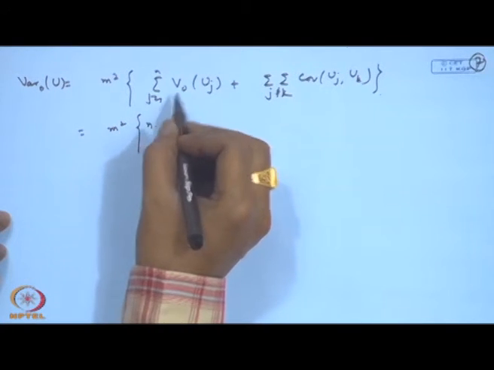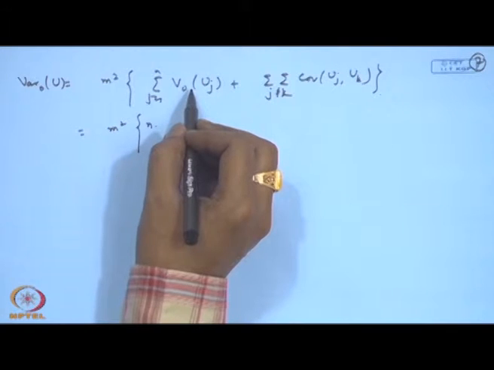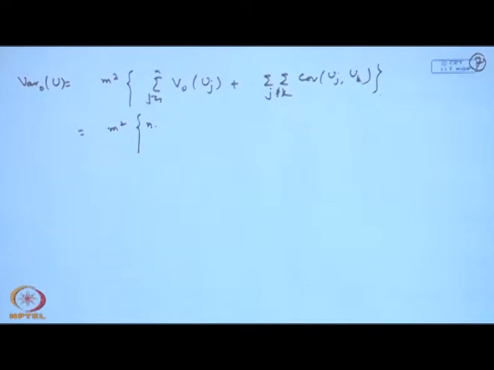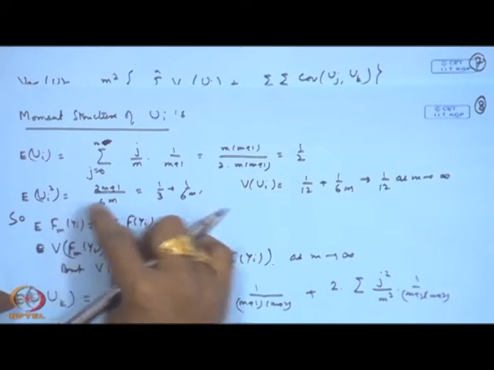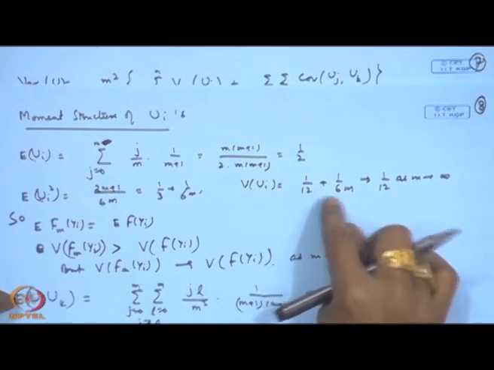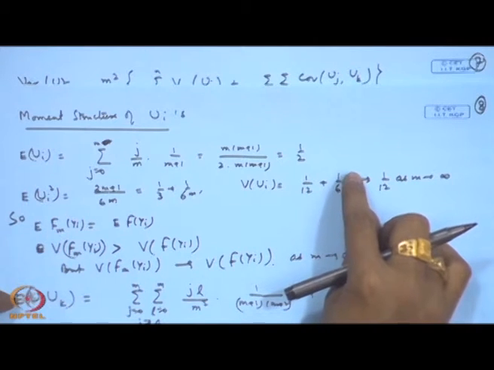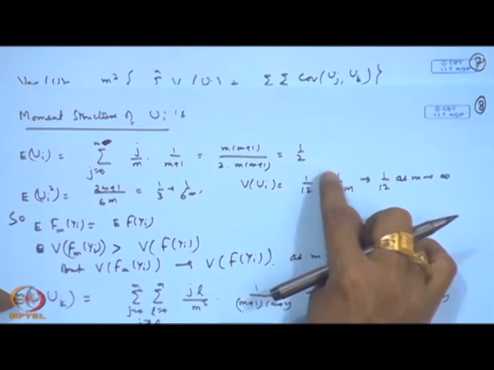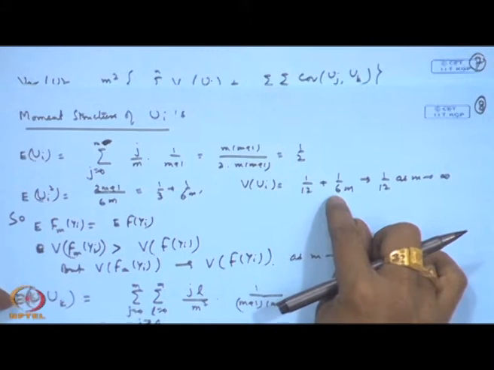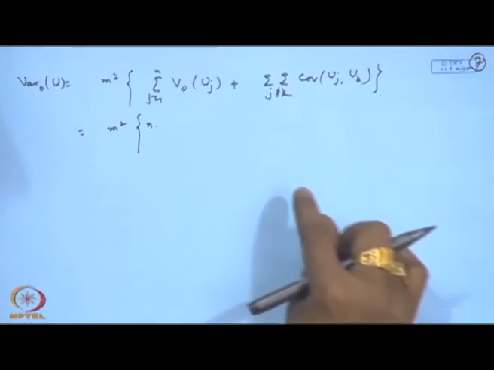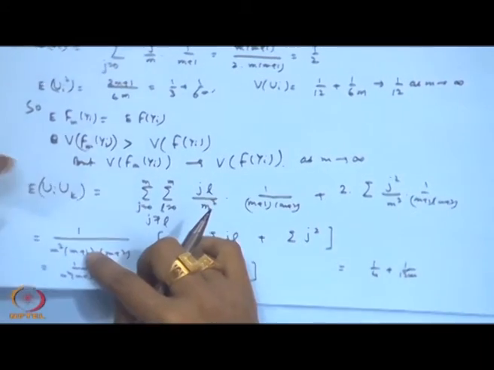So, that is equal to m square, and this is n, and we actually derived these expressions in the previous lecture. Let me just recall those expressions here. You can see the expectation of this was half, and the variance was derived as m plus 2 by 12 m. These expressions were derived and also the covariance term was derived here.